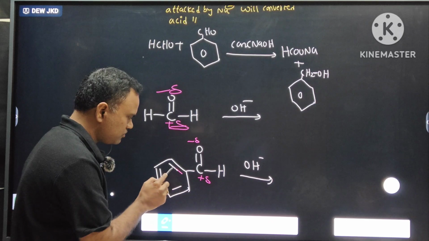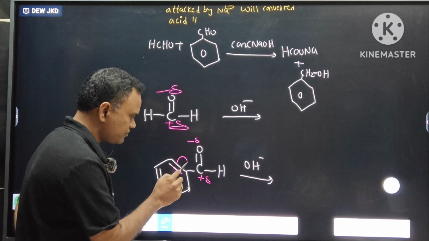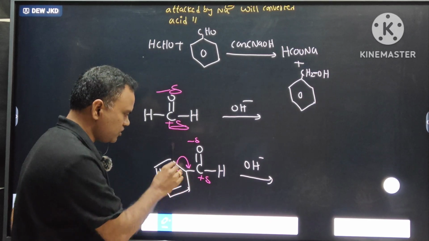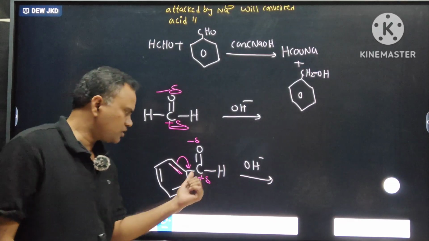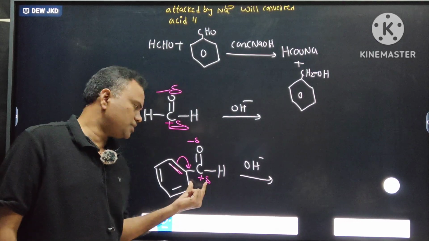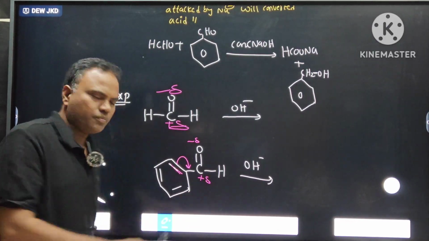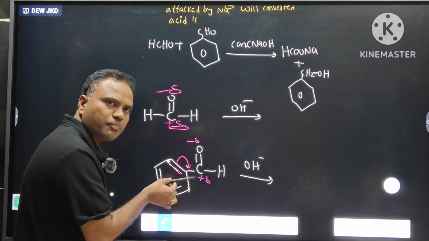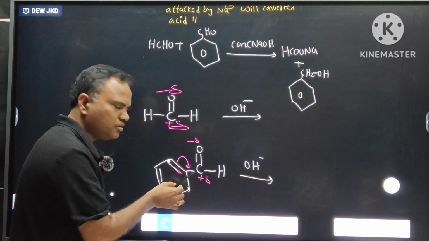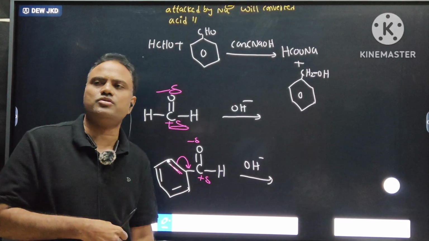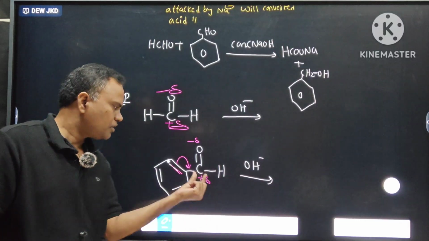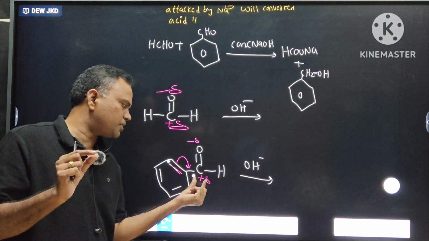This pi bond, or benzene ring, donates its pair of electrons to this carbonyl carbon. This is having positive charge, right? That positive charge is nullified by the pi bond. So positive charge density will decrease due to resonance. So at this carbon, less positive charge is present.